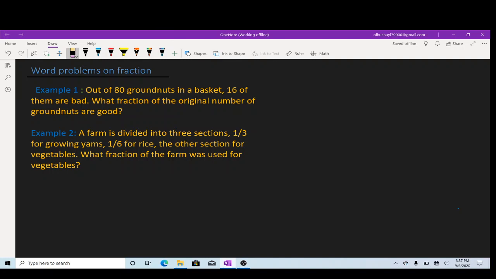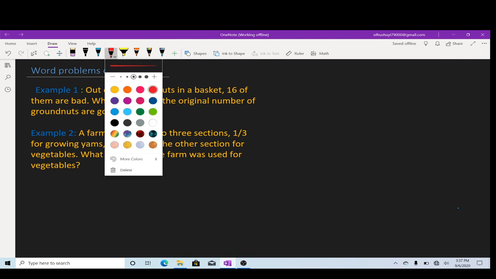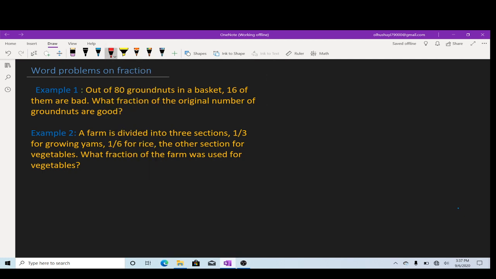So we have this. Out of 80, bad ones, bad is 16.